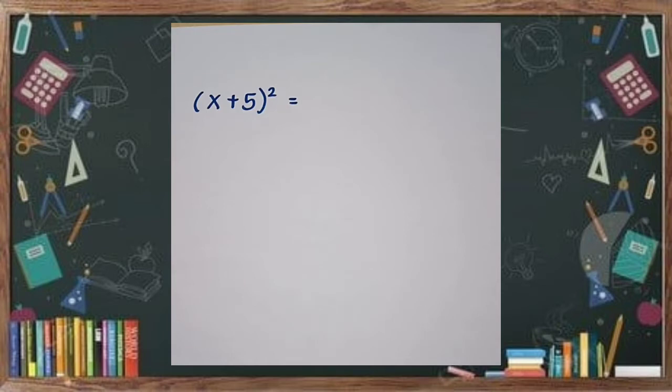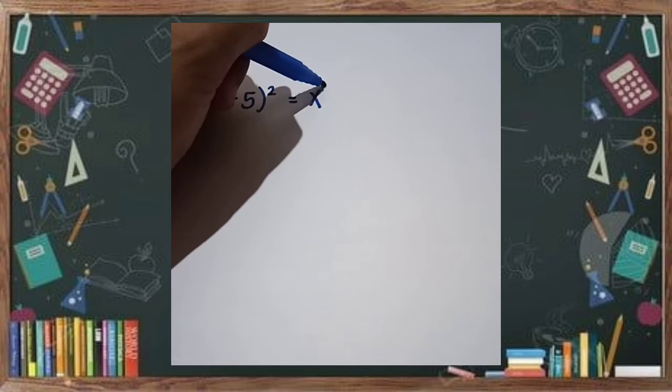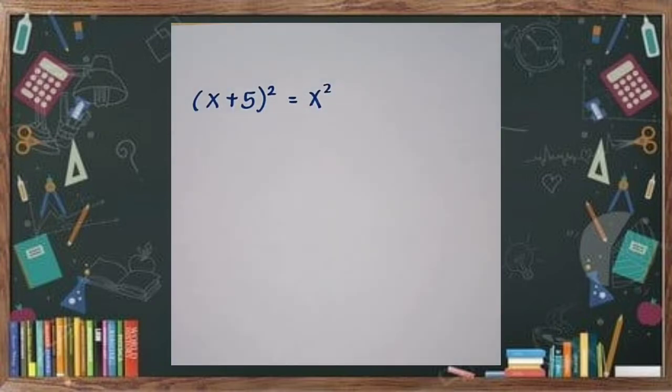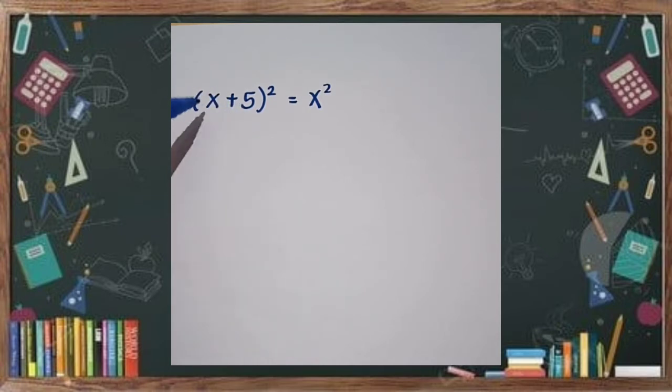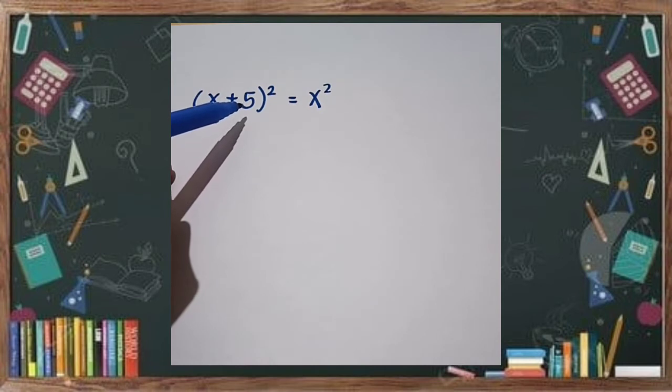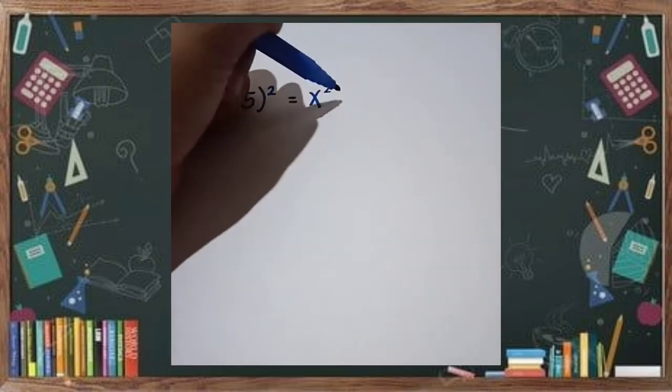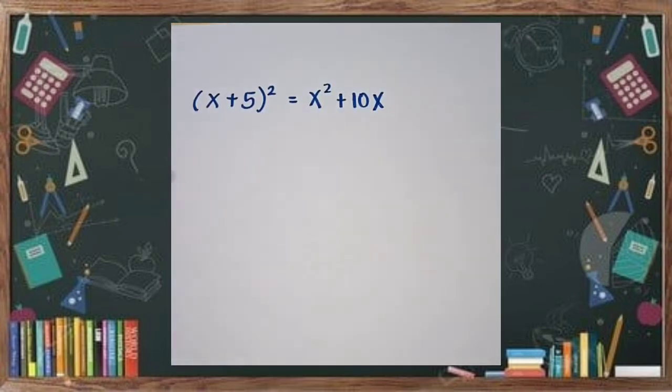Okay, so let us recall how we can get the product of the square of a binomial. In square of a binomial, we need to first square the first term. So we will have x squared. Then, we need to multiply the first term and the second term times 2. So, x times 5 is equal to 5x, times 2 is equal to positive 10x.